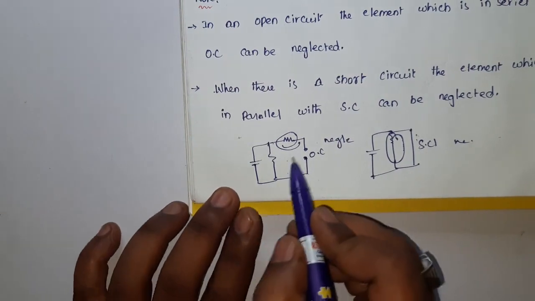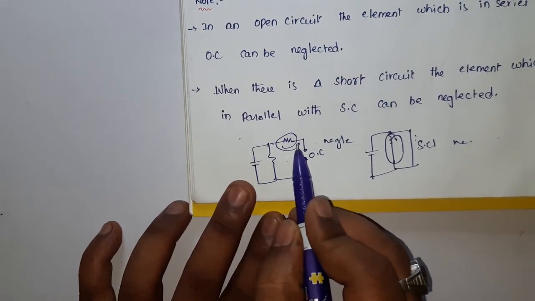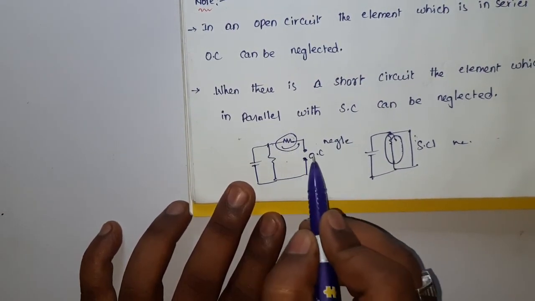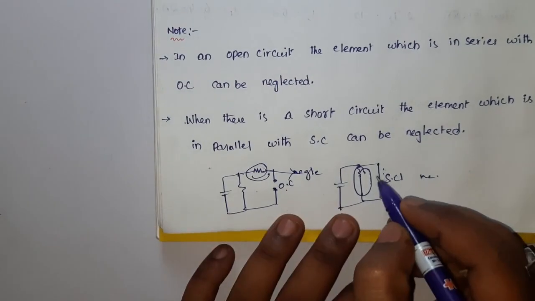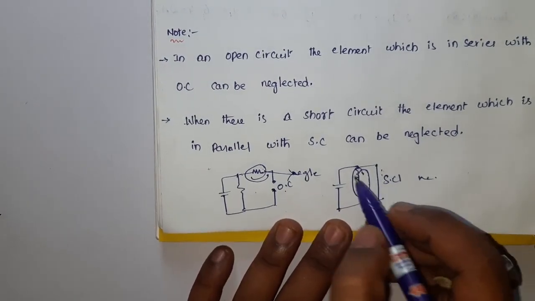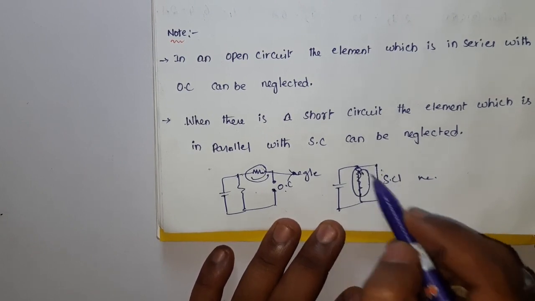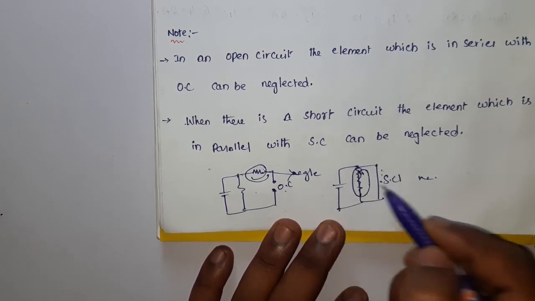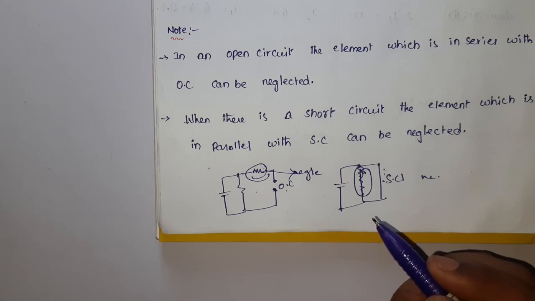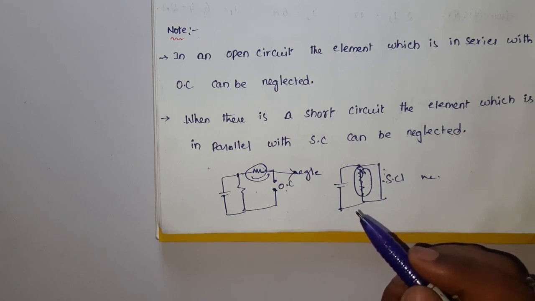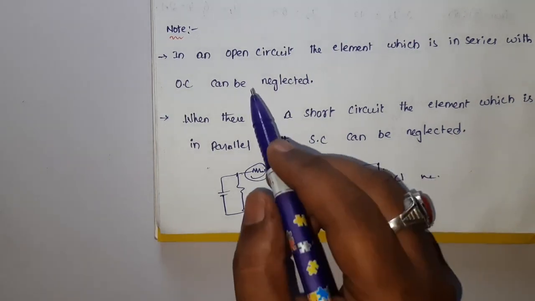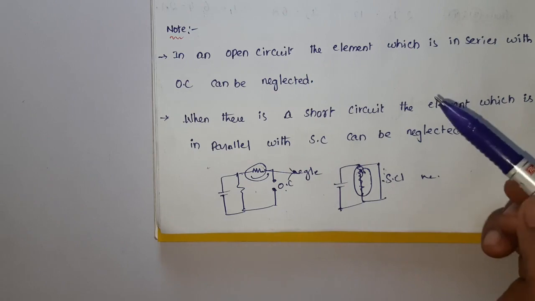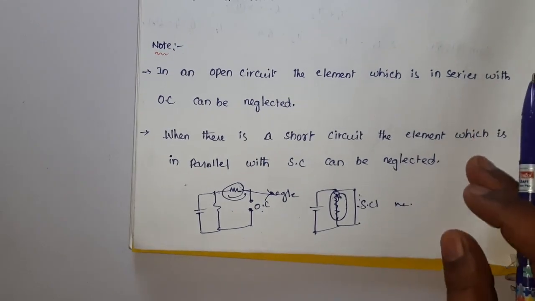So this is an open circuit, and this element is in series with the open circuit, so this can be neglected, and this is a short circuit, and the element which is in parallel with the short circuit can be neglected. And this is the most important precaution we must take while solving problems. Please make sure that you do not make mistakes in these 2 points.